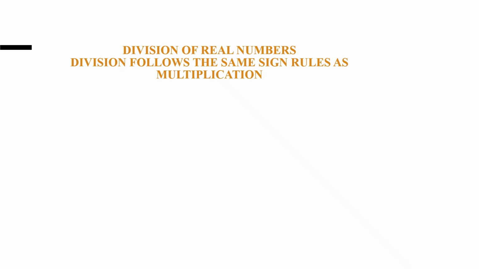Division of real numbers. Division follows the same signs rule as multiplication. Let's look at this example. 20 divided by 5 will give you 4. Negative 30 divided by negative 6 will give you positive 5.